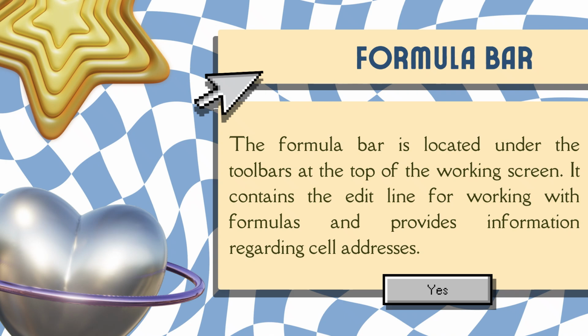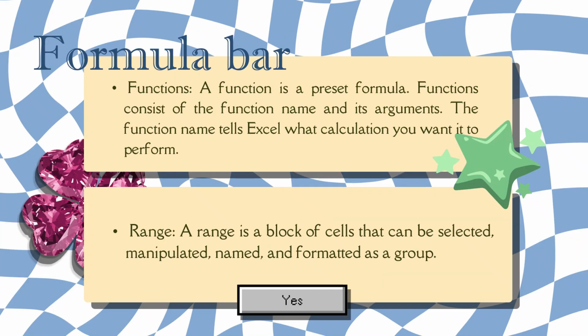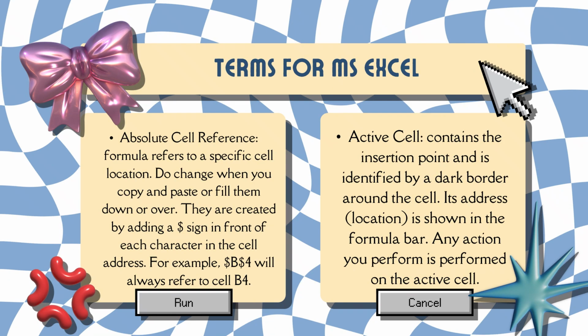It contains the edit line for working with formulas and provides information regarding cell addresses. Functions. A function is a preset formula. Functions consist of a function name and its arguments. The function name tells Excel what calculation you want it to perform. Range. A range is a block of cells that can be selected, manipulated, named, and formatted as a group.